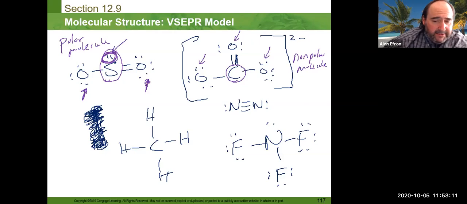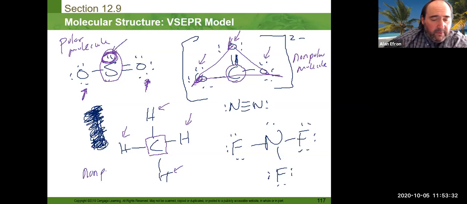That is your trigonal planar, where everybody's pulling at the corners and cancelling each other out. Over here, I would look at the central atom of CH4. Again, I see no dots. Everybody on the outside is the same. By the way, carbon and hydrogen is nonpolar to begin with. That would tell me it is a nonpolar molecule.